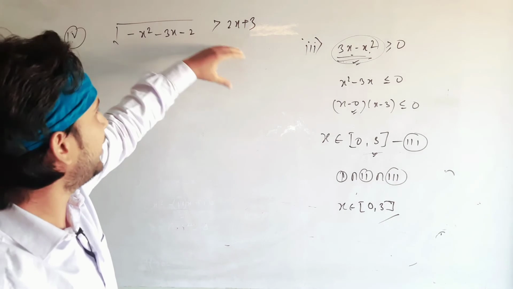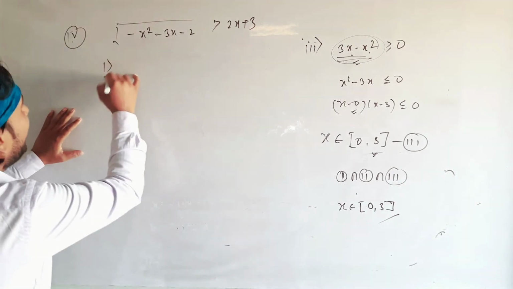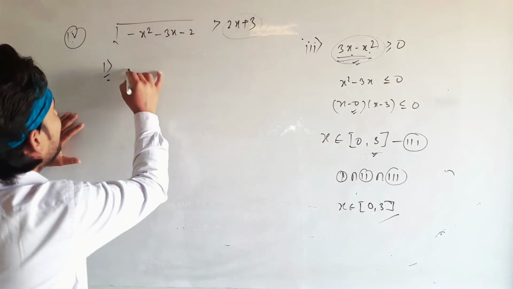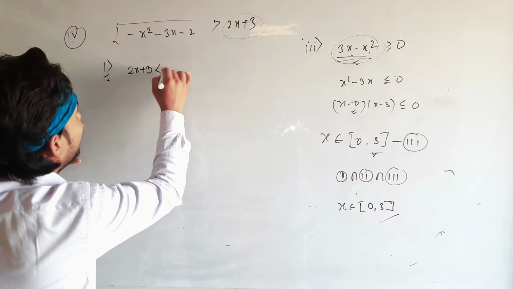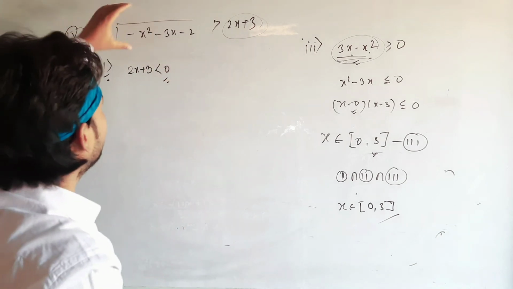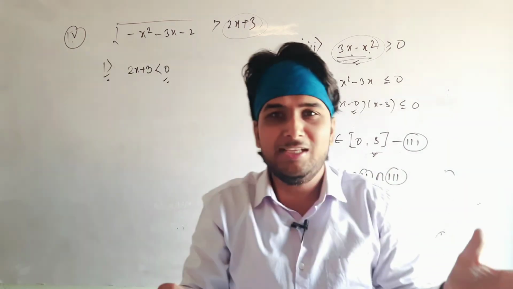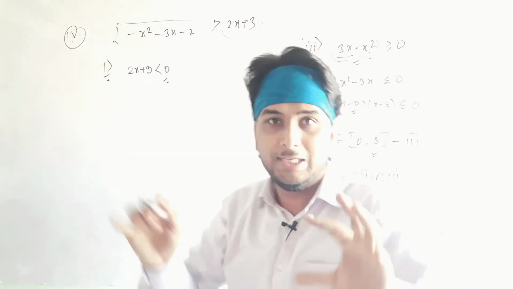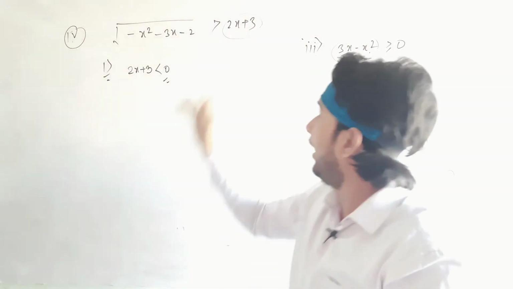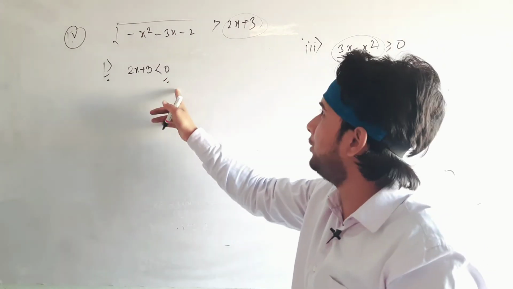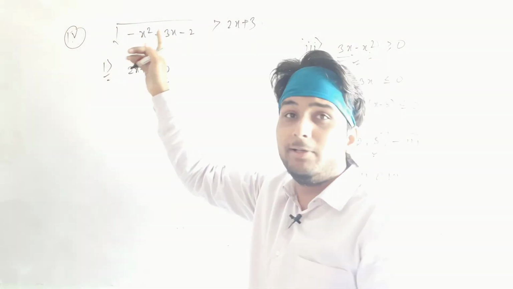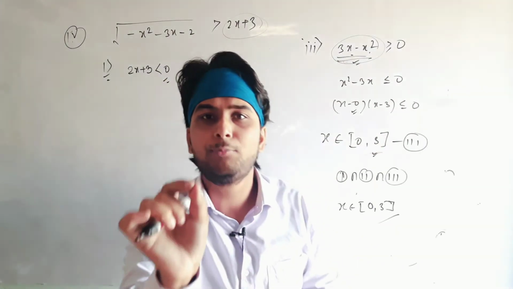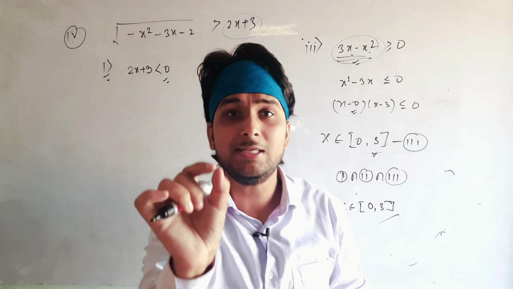You will say that, sir, when 2x plus 3 is less than 0, the square root, as we know, a square root of any positive expression is always positive, and when 2x plus 3 is less than 0, it will always be true that the square root of this expression is greater than 2x plus 3.